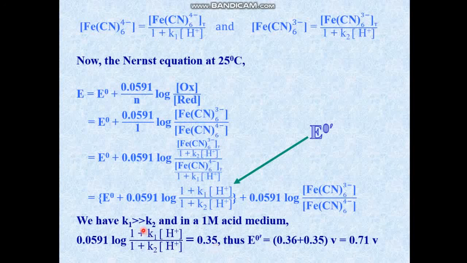Since K1 is very much greater than K2, something is to be added here. The log parameter is producing some positive value, and so something is added, and thus the E0 dash value is originally 0.36, the E0 value, plus the added value 0.35, that means it becomes 0.71 volt.